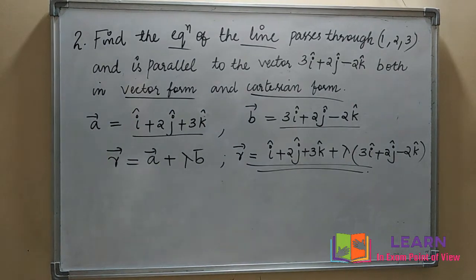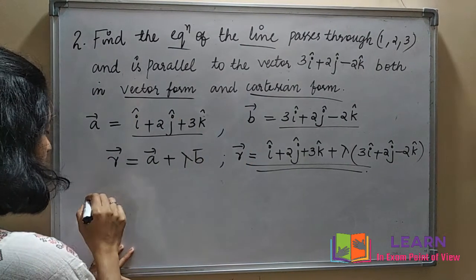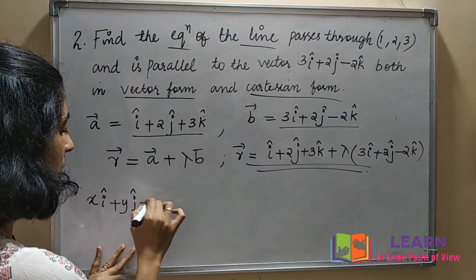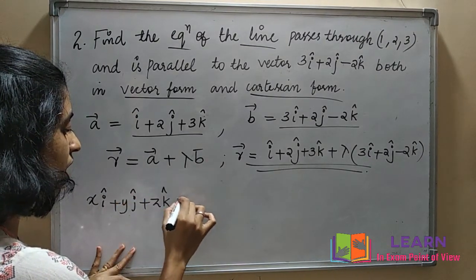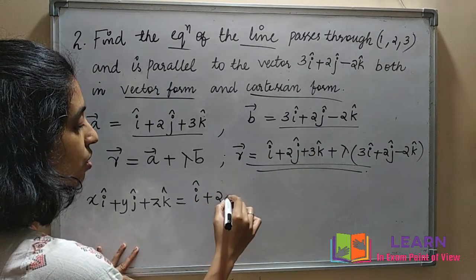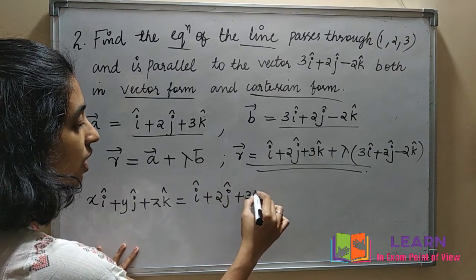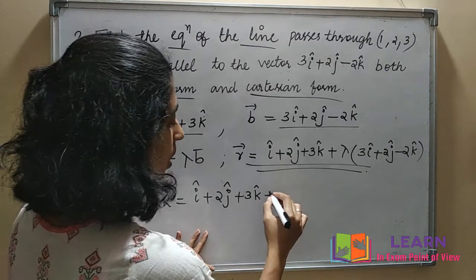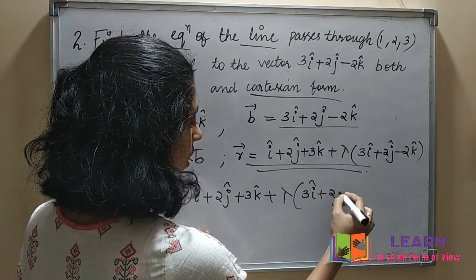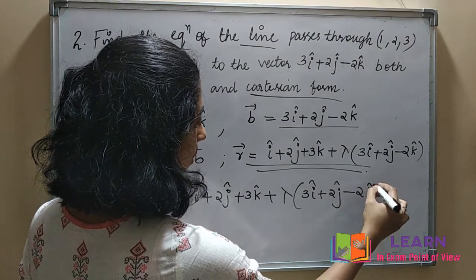So in Cartesian form, we will represent xi plus yj plus zk. This is equal to, you can equate to this one: i plus 2j plus 3k plus lambda into 3i plus 2j minus 2k.